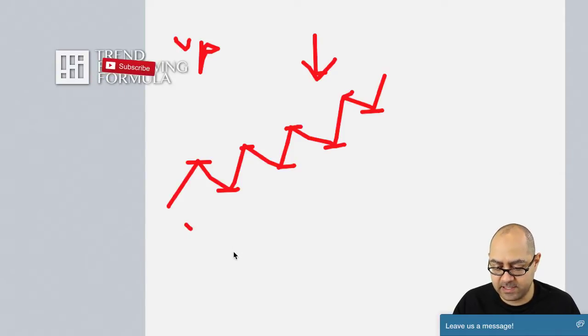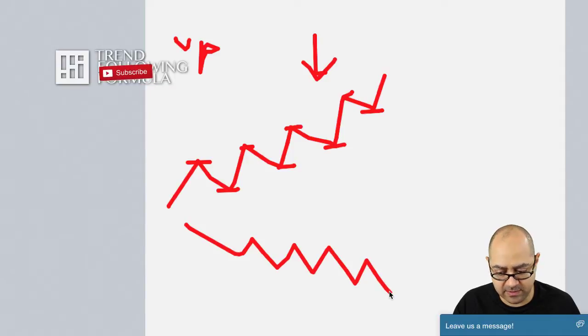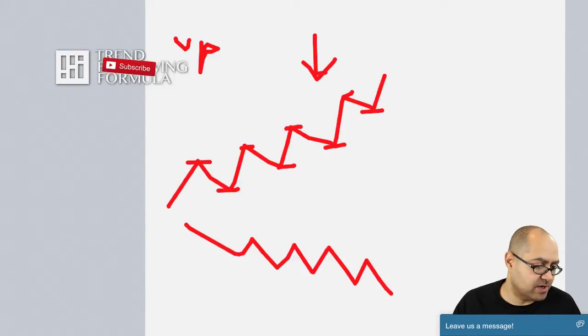The classical definition of a downtrend is exactly the opposite: a sequence of lower lows and lower highs. These are the very simple definitions of an uptrend and downtrend. We might have a very little tweak to this, which is going to be like that. It's exactly the same principle, but it shows the strength of the trend.